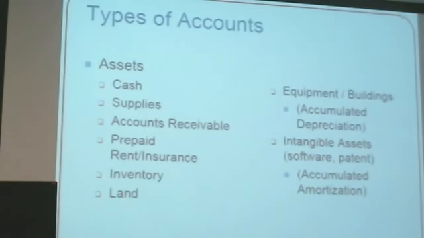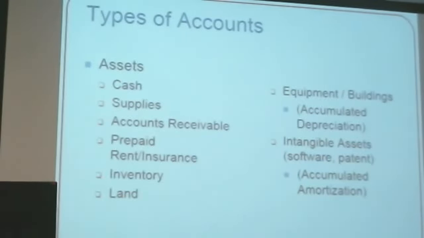Remember we learned about contra accounts. These are the only two that we learned. Accumulated depreciation and accumulated amortization. And that's the allocation of the cost of buying these long-term assets to expense, to your income statement. So as you use these long-term assets, we have to allocate part of that to our expense, to our income statement. And that's how you do that.